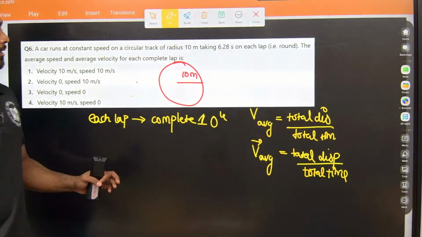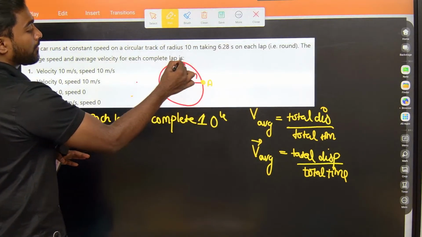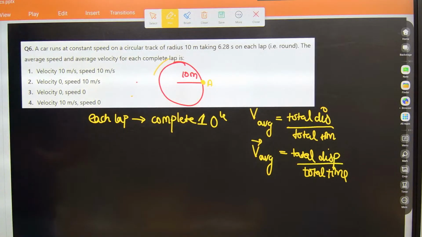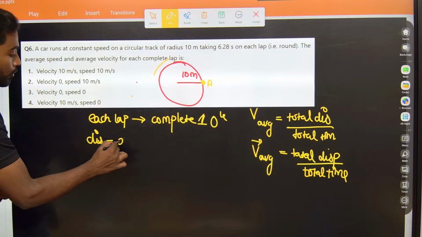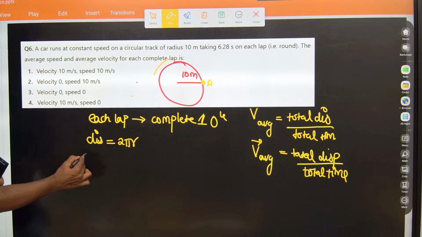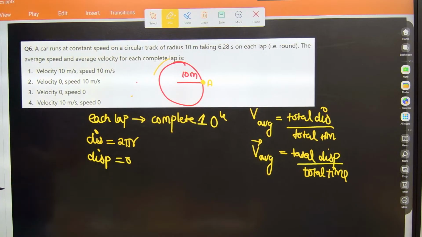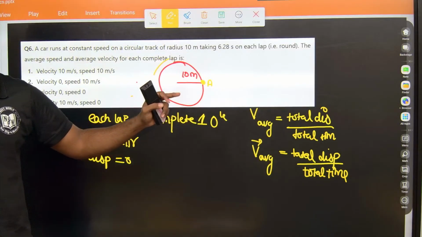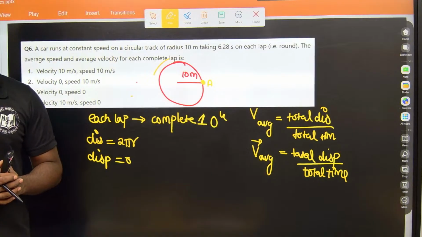Now let me consider this point as A, and I am completing one complete circle. Again I am coming to point A, which means distance will be equals to 2 pi r, whereas displacement will be equals to 0. Final position is same, initial position also same. So when final and initial position are same, displacement will be 0.